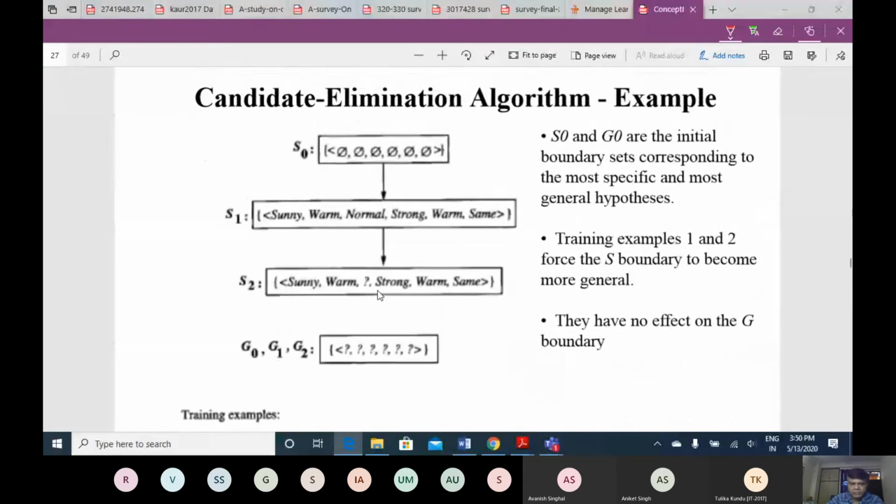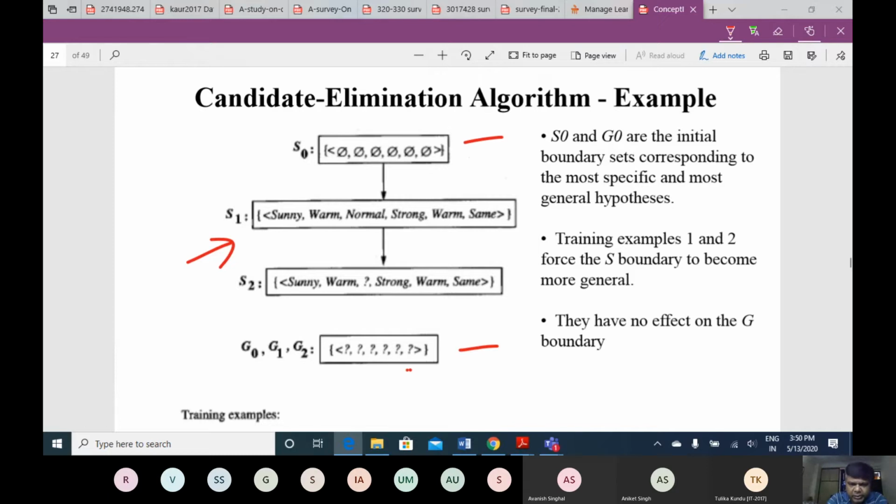So let us say this is our S0 and this is our G0. G0 means in the first step we started with this as the specific and this as the general. So we had only these two. Now as soon as we got S1, which is a positive case, we will see whether this positive case can make it a more generalized boundary.